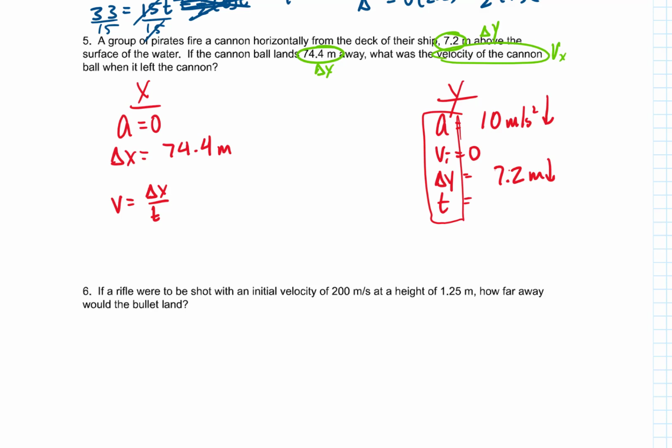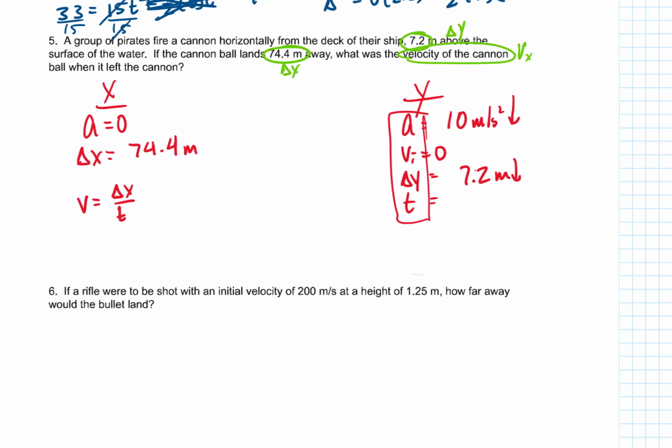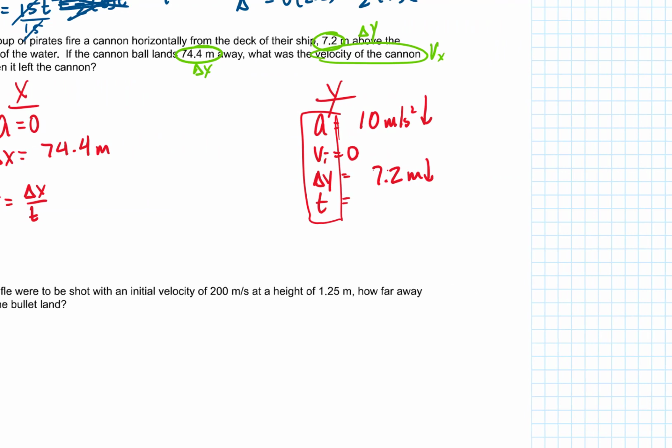So the equation that has all those things in it: delta Y is equal to V0t plus 1/2 AT squared. Plugging in our numbers, 7.2 is equal to 0 times time plus 1/2 times 10 times time squared. So the 0 times time part goes away, and I get 7.2 is equal to 5t squared.